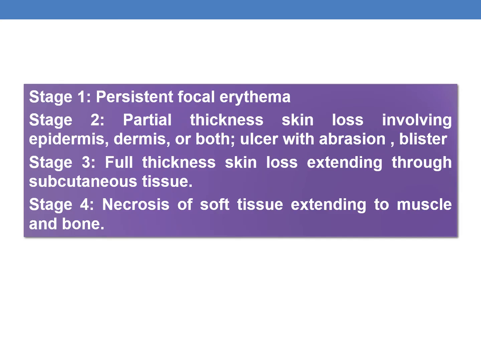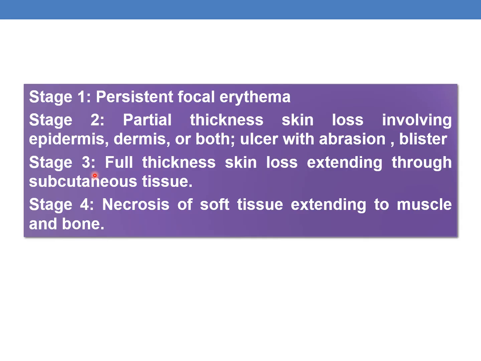Now let us see the terms that describe the stage. Stage 1 can be coded if the physician documents persistent focal erythema. And stage 2 can be coded if the physician documents partial thickness skin loss involving epidermis, dermis or both, or if the ulcer has abrasion and blisters. For ulcer with abrasion and blister also you can code stage 2.